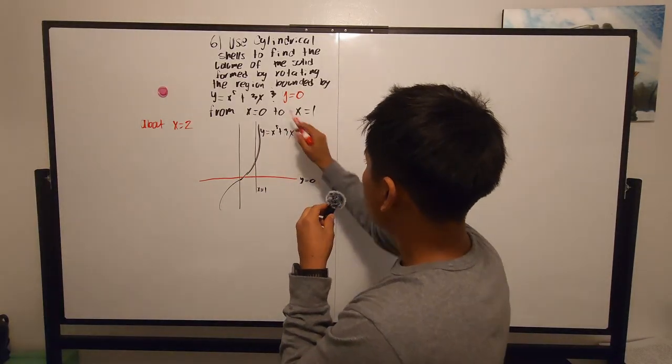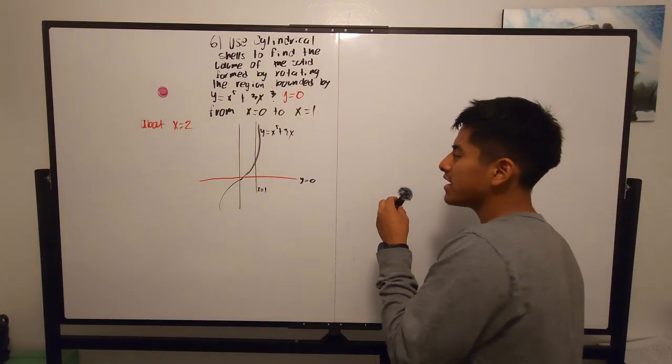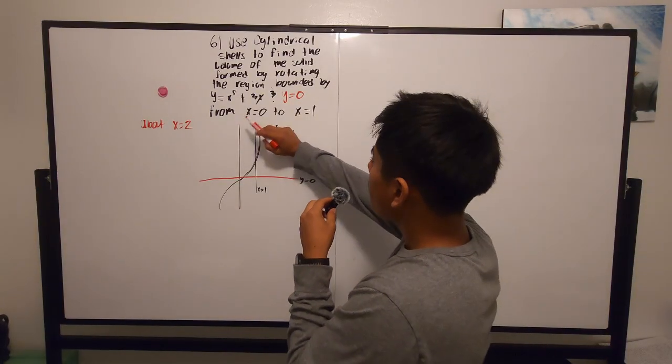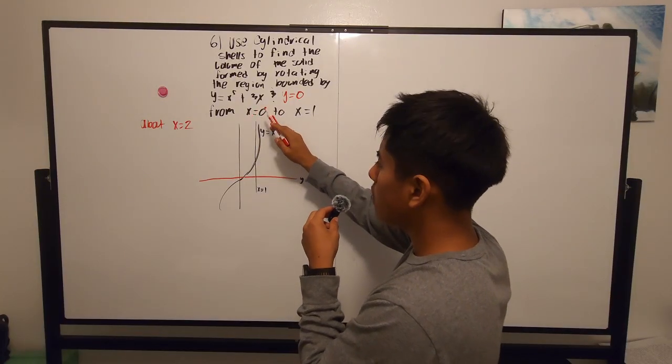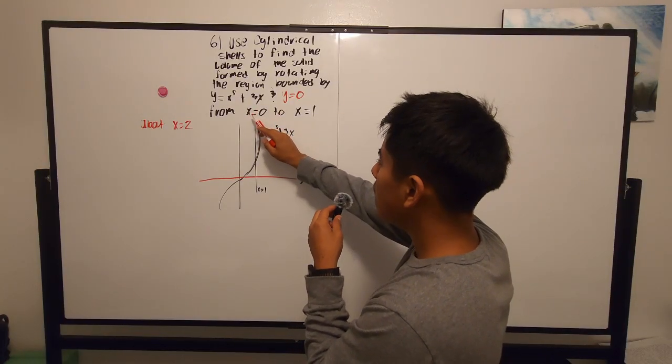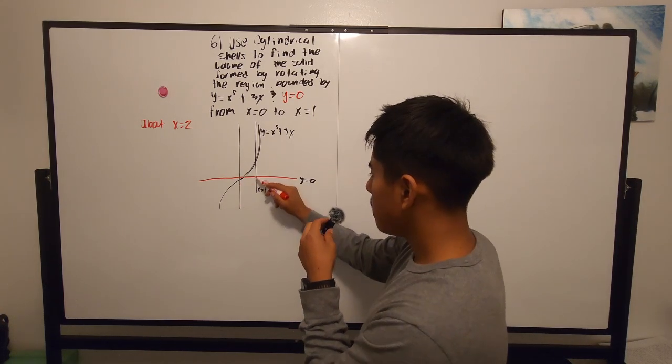And then we have y equals 0, which is basically the same thing as the x-axis. We're going to rotate the region from 0 to 1.